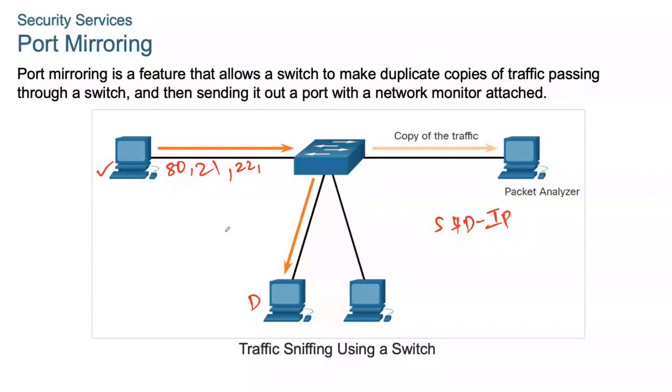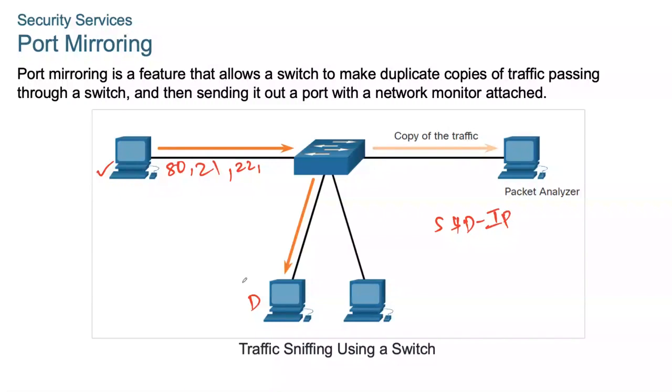That will be analyzed. That means whether these IP addresses are legitimate or not will be analyzed by this analyzer. And it will check what traffic is going on between the source and the destination, based on the port number.